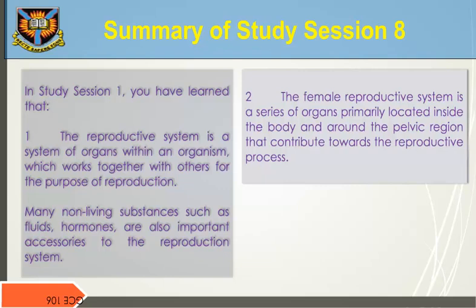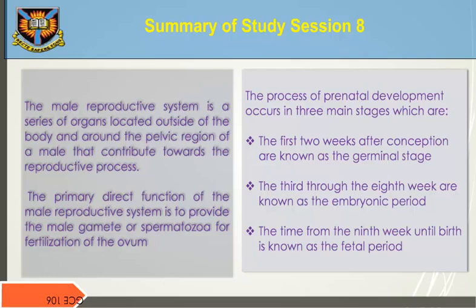The female reproductive system is a series of organs primarily located inside the body and around the pelvic region that contribute towards the reproductive process. The male reproductive system is a series of organs located outside of the body and around the pelvic region of a male that contribute towards the reproductive process.